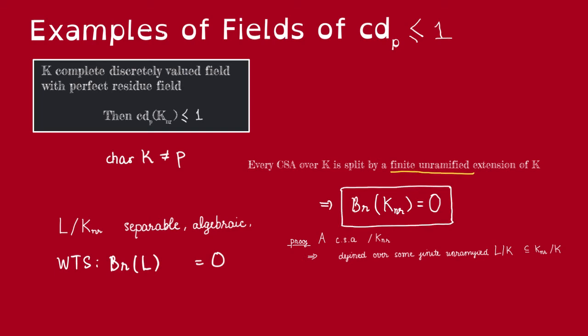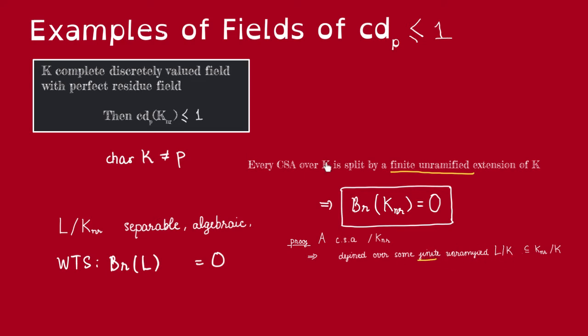And why is that? Well, let's say A is a central simple algebra over this maximal unramified extension. Then A can be defined over some finite unramified extension, L, of K that still lies inside K^ur. This is not a completely trivial point that needs some argument, but we'll skip it for now.